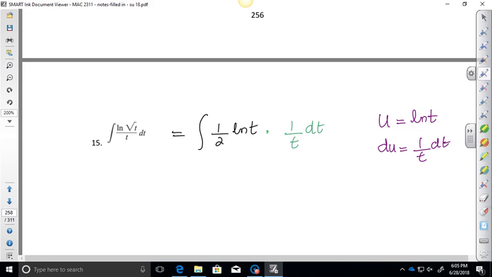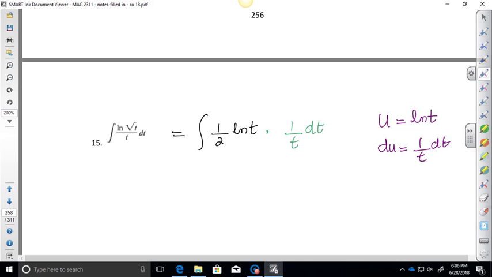Here both are simple functions. They are not composite. ln of t is not composite, and 1 over t is not composite. So I cannot say take the inside of the composite, but we just look at it and see which one works as u. I cannot take 1 over t as u because its derivative is not there. But if I take ln of t as u, then its derivative is there.